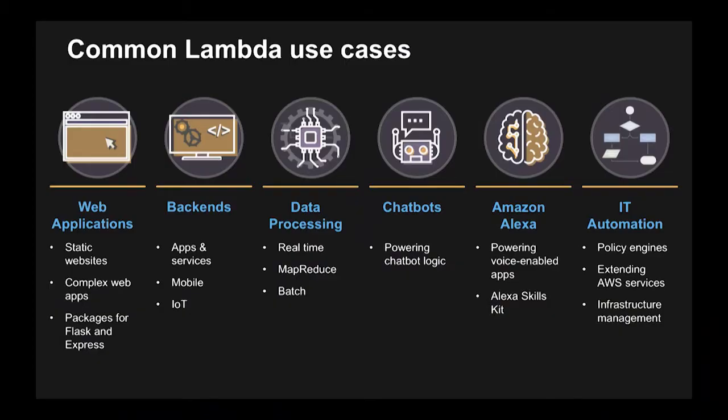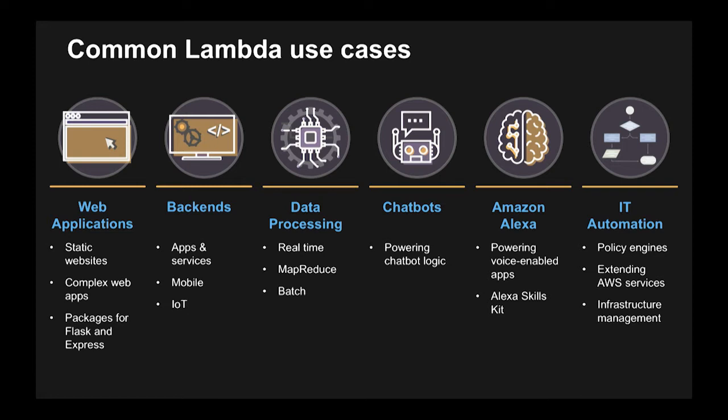So CI and CD for serverless also implies that we have lots of different use cases for serverless. Today at AWS, we identify 6 primary use cases for serverless applications: web applications, backends, data processing, streaming and stuff like that, chatbots, Amazon Alexa, and then IT automation.